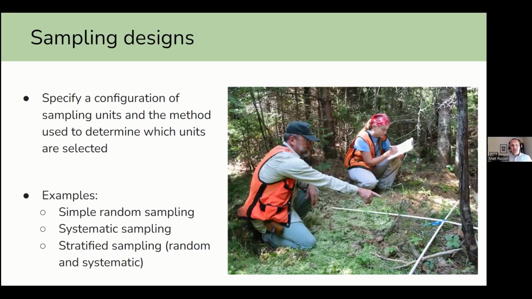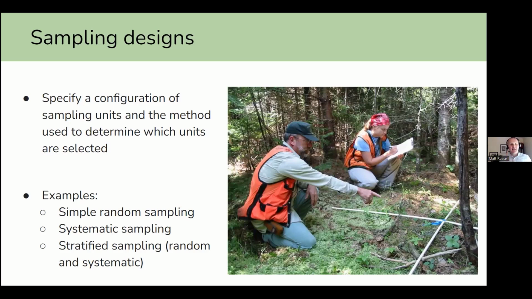And to do sampling, we need designs to do this sampling in an efficient way. All this means is that we need to specify some configuration of sample units and the method used to determine which units are selected. If we know that we have a 20-hectare forest, we don't just want to go measuring trees randomly.